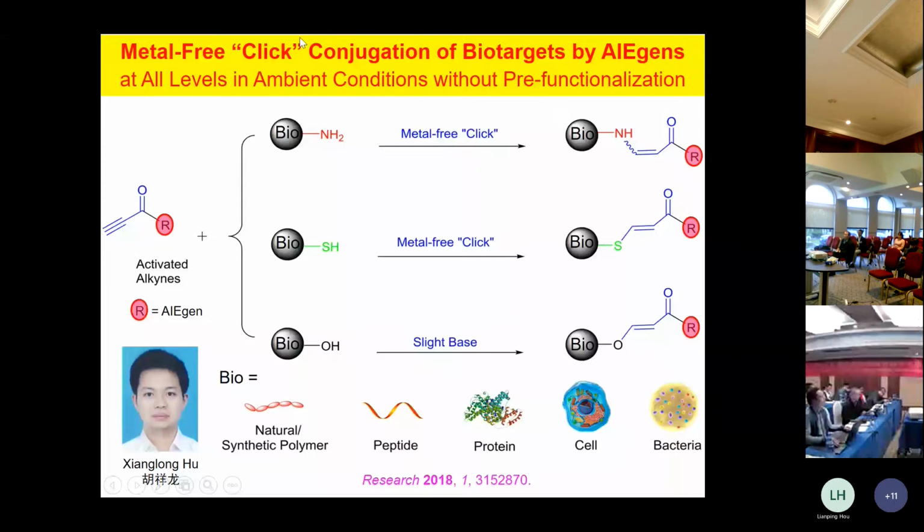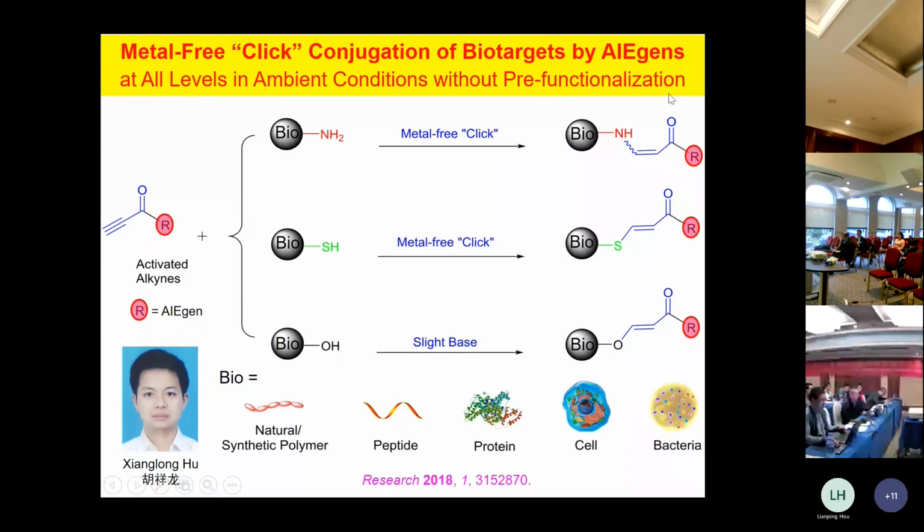The conventional click system requires people to use a metallic catalyst, commonly copper. As you know, copper is toxic, so that is not good. It's not suitable for biological systems. So here, what we do is use a carbonyl electron-withdrawing group to activate this triple bond.